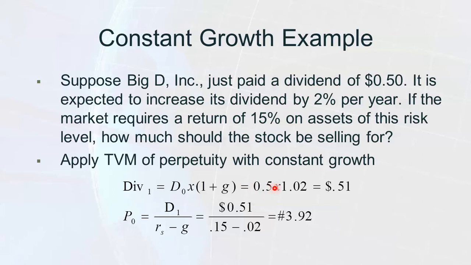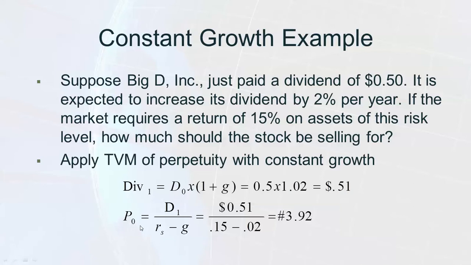So you buy this stock right now, the dividend is 50 cents times 1 plus 2%, which is 1.02. So your dividend 1 is 0.51 dollars, basically 51 cents.